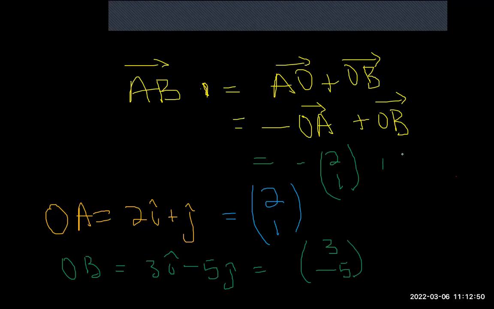So OB as a column vector is 3, minus 5. From there, we manipulate it to find AB. So this is minus 2 plus 3, which would give me positive 1. Minus 1 plus minus 5 would give me minus 6. So therefore, the column vector for AB is 1, minus 6. Everybody good with that so far?